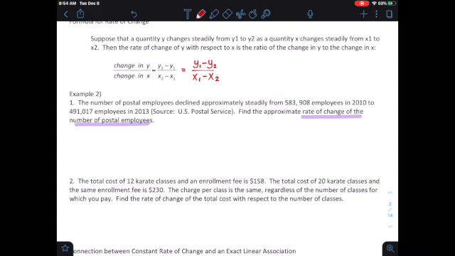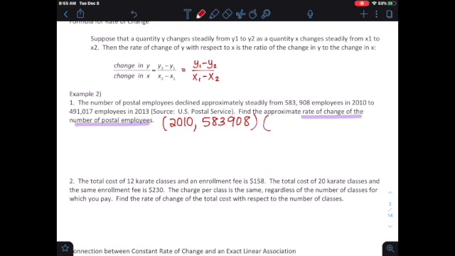In this case, since it's per year, the year is going to be the x. So my ordered pair is going to be 2010, comma, 583,908. That's the first ordered pair.